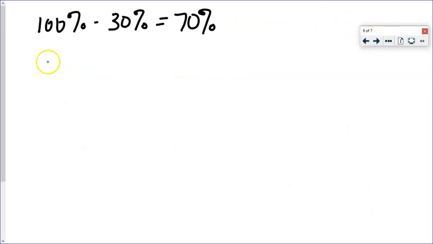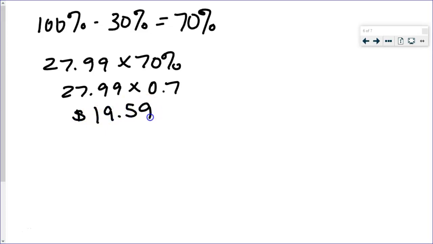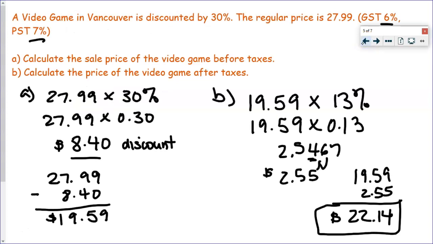So now we're going to take $27.99 and multiply it by 70%, because really that's the amount now. So let's do that. And that will give us an amount of $19.59. So that was less steps than what we did on the previous page here.